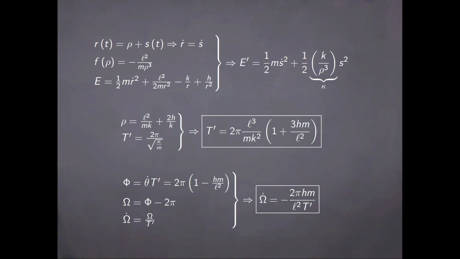Then the precession angle would just be the difference between this angle phi and 2 pi, and the precession rate would be just the ratio between this angle and the period.